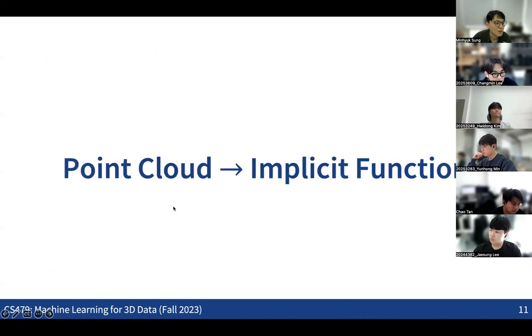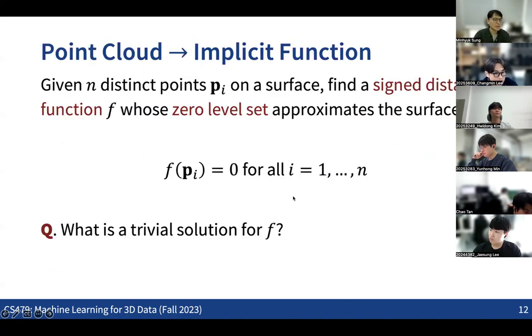So the first thing is how we are going to get a signed distance function from the point cloud. The basic idea is that we have N points sampled over the surface, and based on that we get a signed distance function whose zero level set approximates the surface.